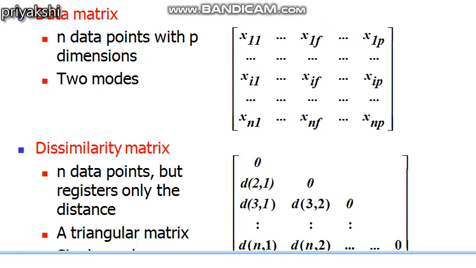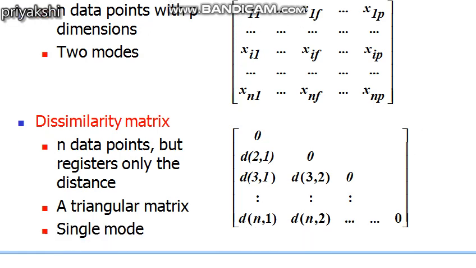But whenever you represent this data matrix in the form of a dissimilarity matrix or distance matrix, you try to find the difference between student 1 and student 2, student 1 and student 3, student 2 and student 3. The row represents the students and the column represents their attributes.